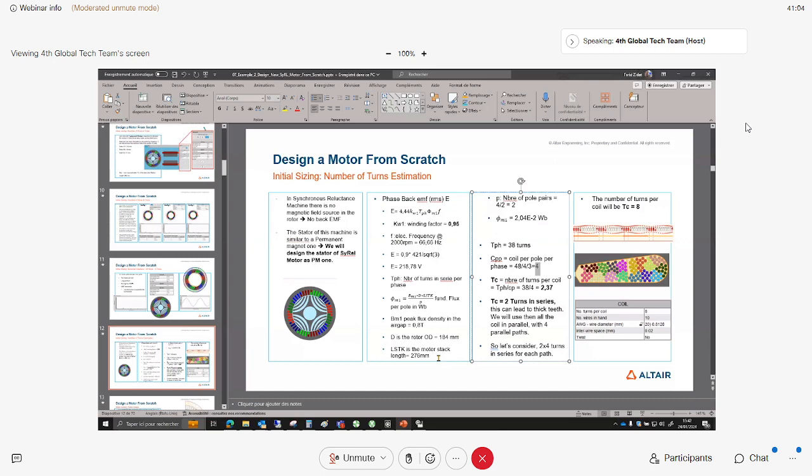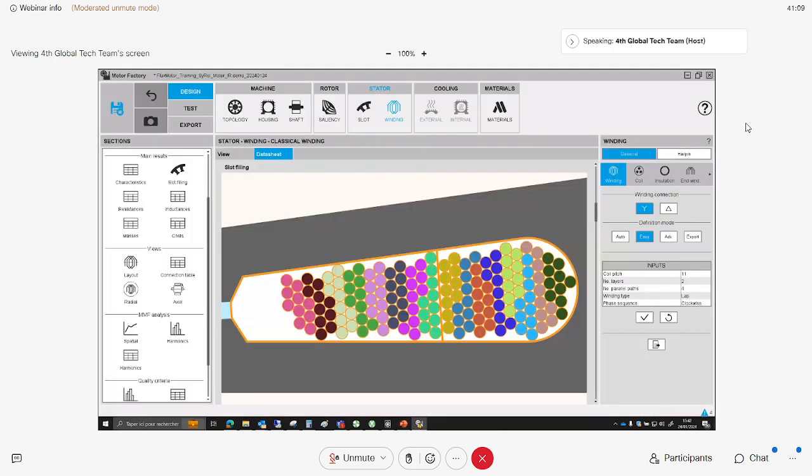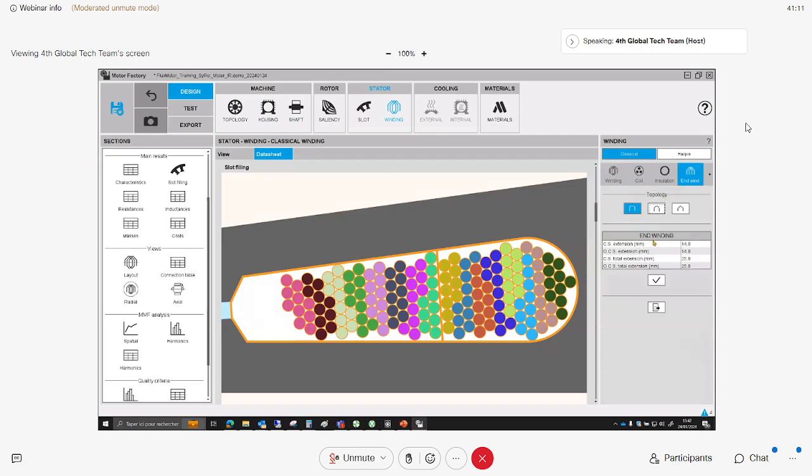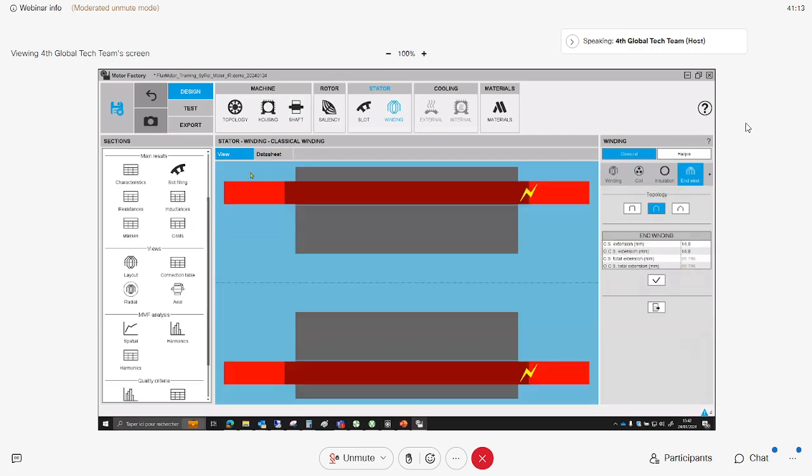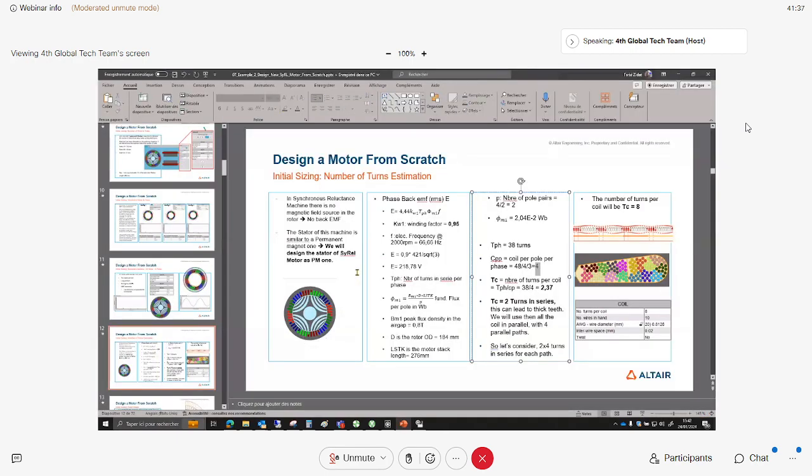So now I finished with the stator, not totally, because I have to come back to the end winding, and since I know the maximum length of the motor and the length of the stacking, I can easily compute the maximum length of the end winding extension. But I will come back to it later.